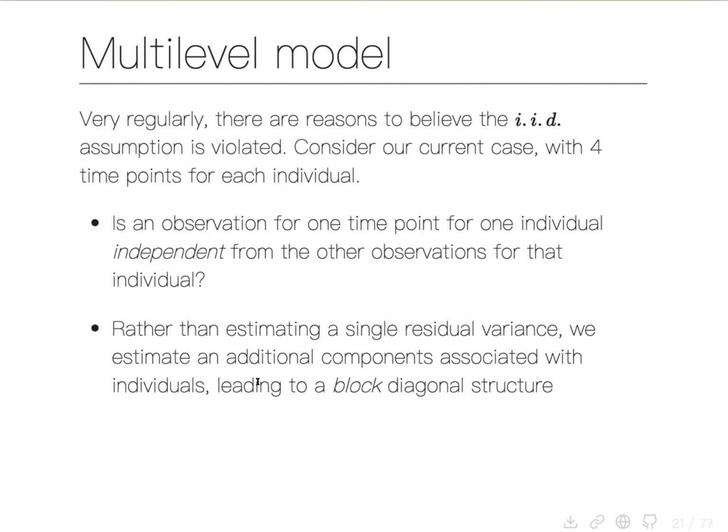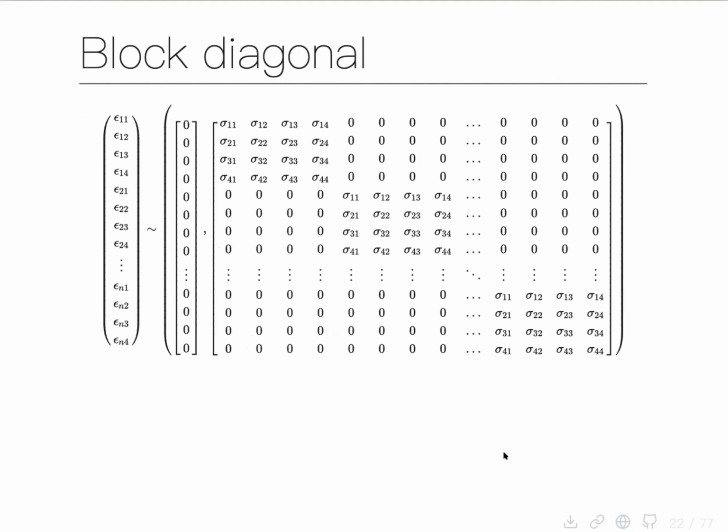So then we end up with this block diagonal structure instead. And this is really big and it looks scary, but it's really not that scary. It's basically the same thing I just had, but now we're breaking it out so that each person has their own residual structure, right? So instead of just saying E1 and E2 for the first and second row, we're saying E11, E12, E13, E14.